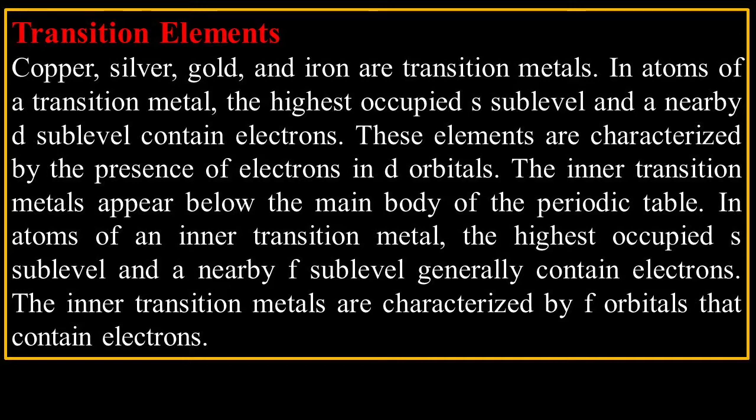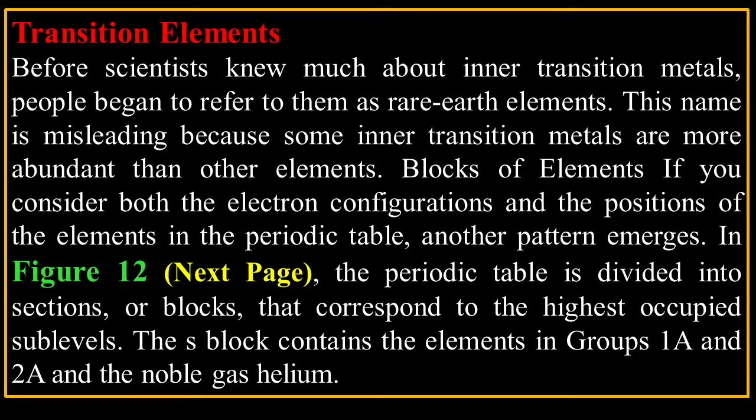So the Fs are being filled in the inner transition metals. Before scientists knew much about inner transition metals, people began to refer to them as rare earth elements. This name is misleading because some inner transition metals are more abundant than other elements.